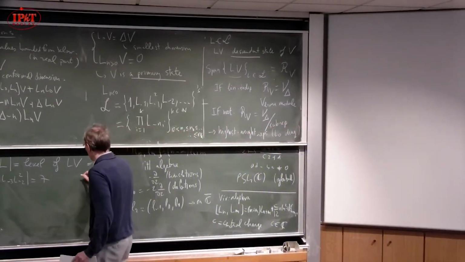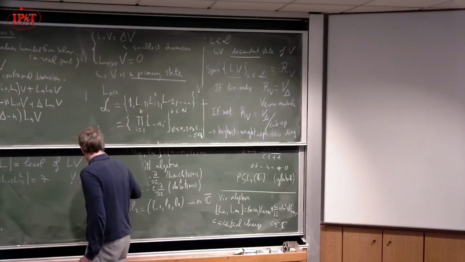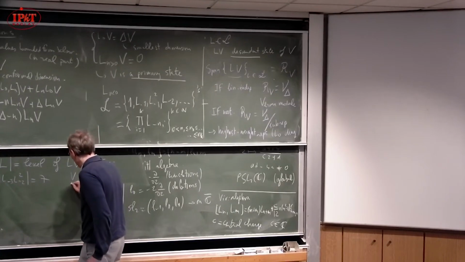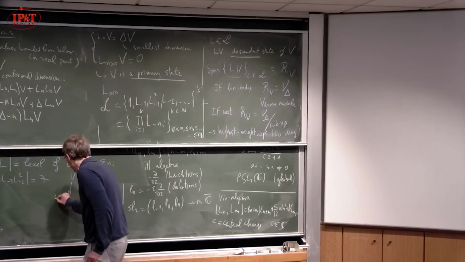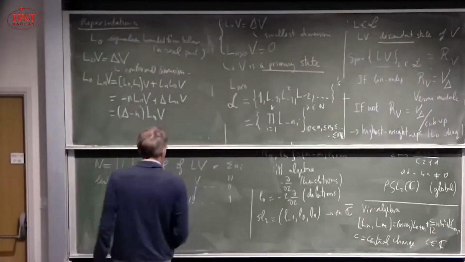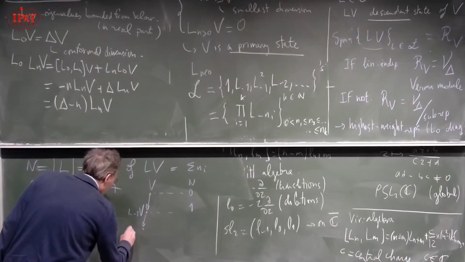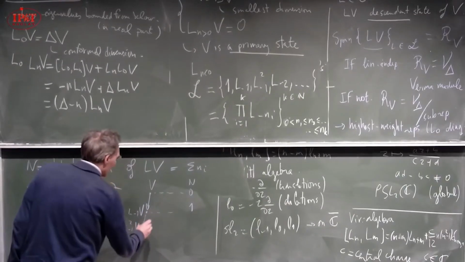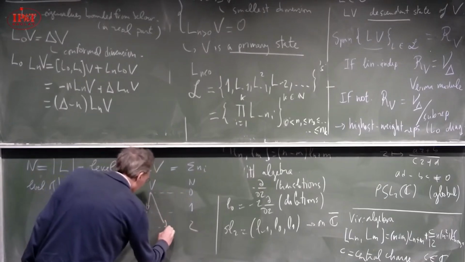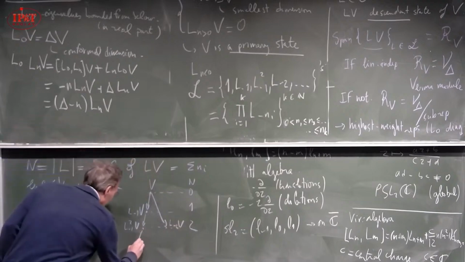If you want to draw a Verma module, we start with the primary state, which by definition has level 0. And then we can build the other states using creation operators. If I use L_{-1}, I get L_{-1}V, which is the only state at level 1. Now, if I act again with L_{-1}, I get L_{-1} squared V at level 2, but at level 2 I also have L_{-2}V. And then I can go on.